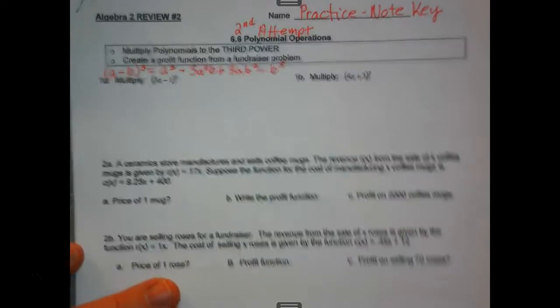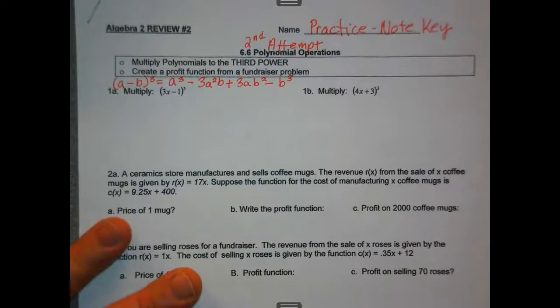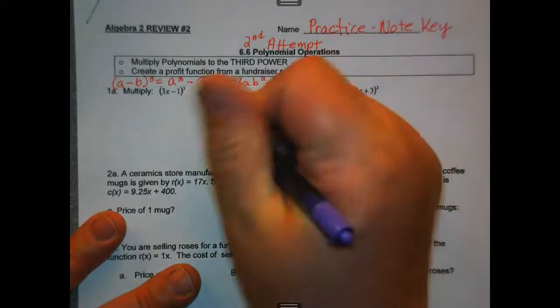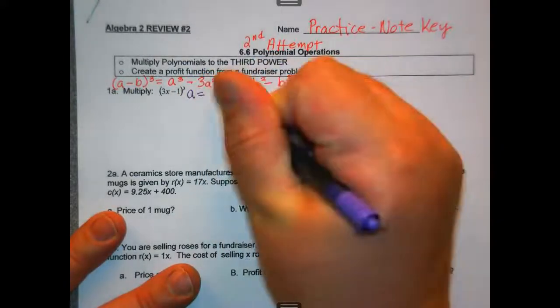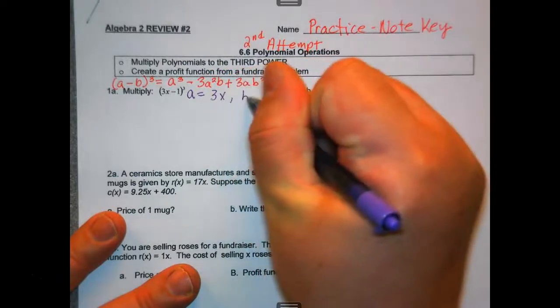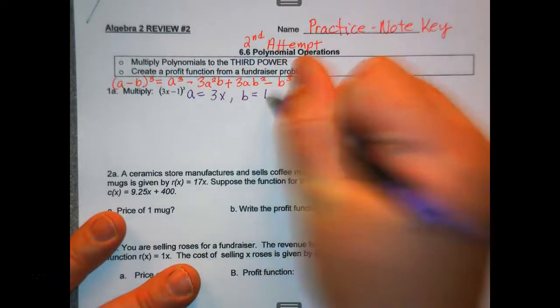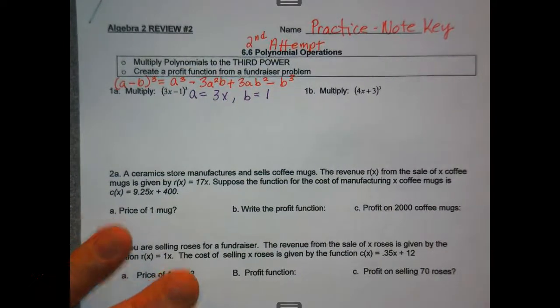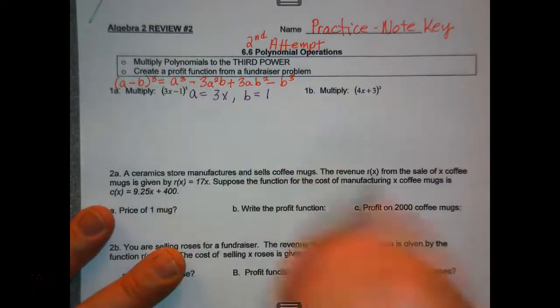A, 1a, multiply. What's my a? What's my a? 3x. What's my b? Okay, so I have a cubed.